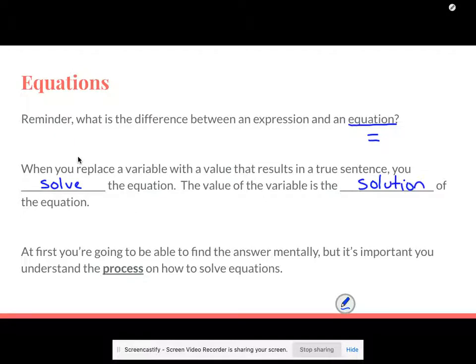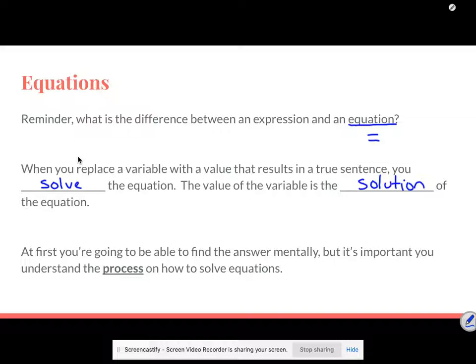of the equation. At first, you're going to be able to find the answers mentally, but it's important you understand the process on how to solve equations. And you'll see what I mean. You're going to be able to look at it and say, oh, well, I know 2 or 4 or 10 or 15 is the answer.